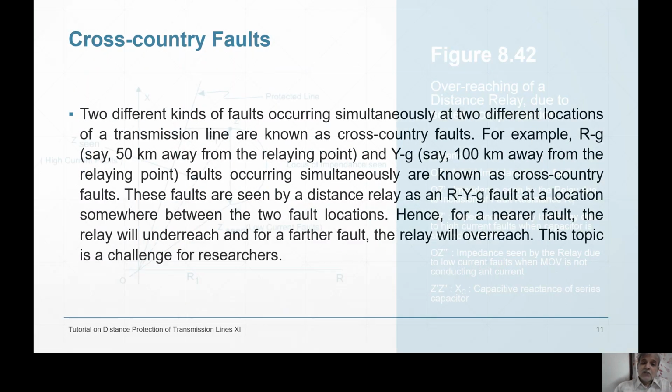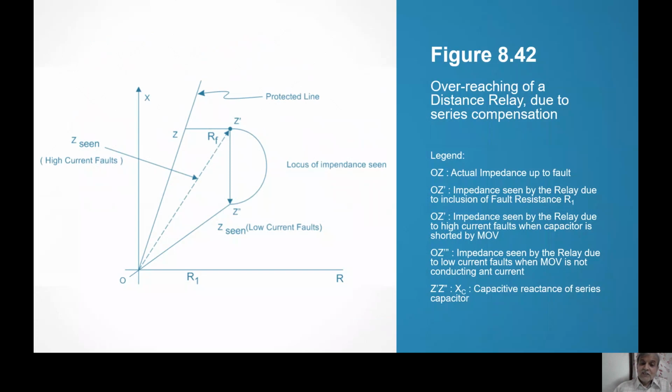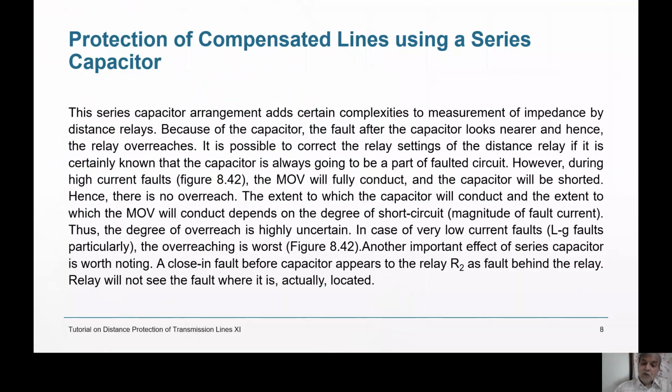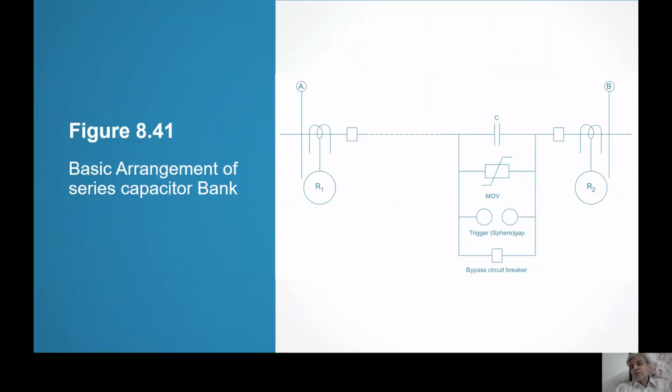Another problem you see is this. For relay R2, if the fault occurs after the capacitor, on the BA line, just after the capacitor, then the impedance measured is not XL, because XL is practically 0, it is only minus XC.